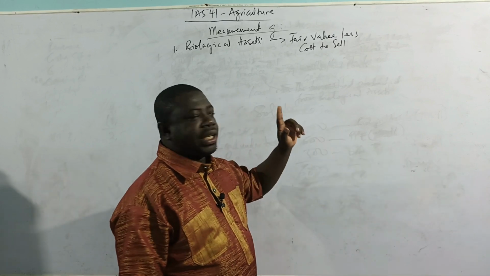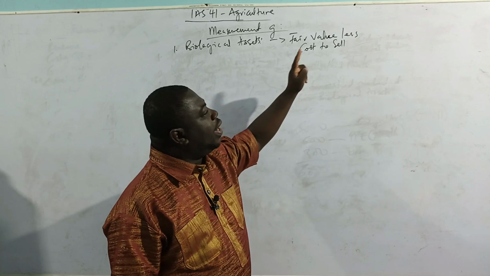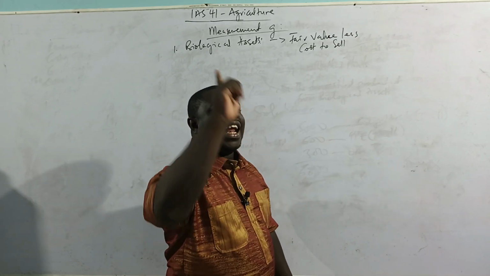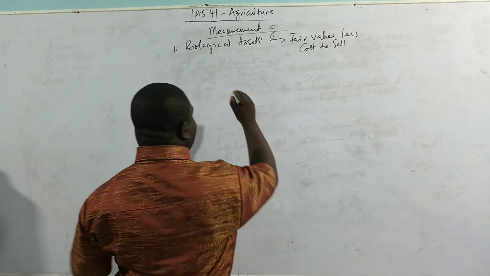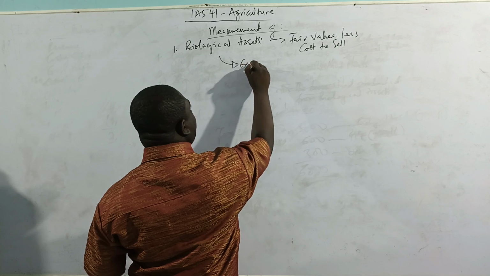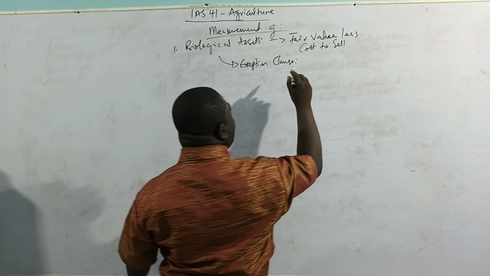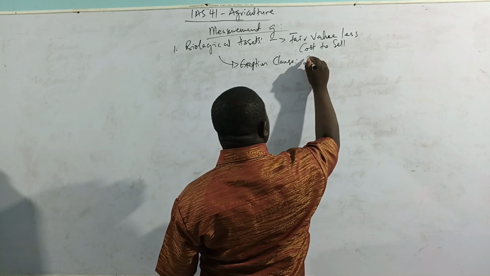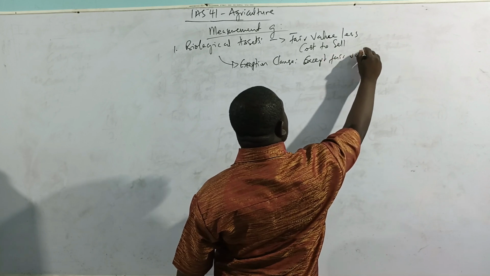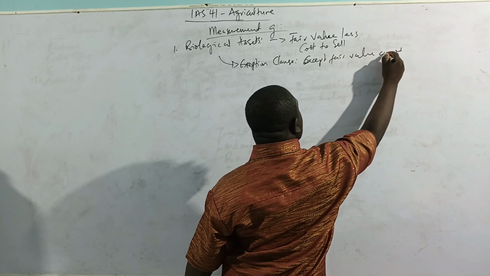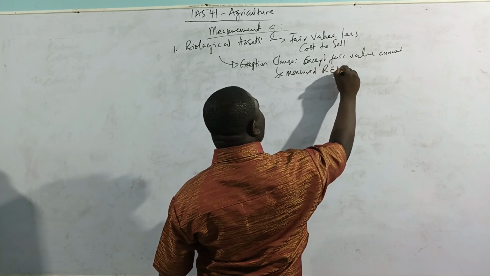Now, the only exception to this is that the standard says that biological assets should be measured at fair value less cost to sell, unless the fair value cannot be measured reliably. So there is an exception clause. The exception clause in this standard is: except fair value cannot be measured reliably.